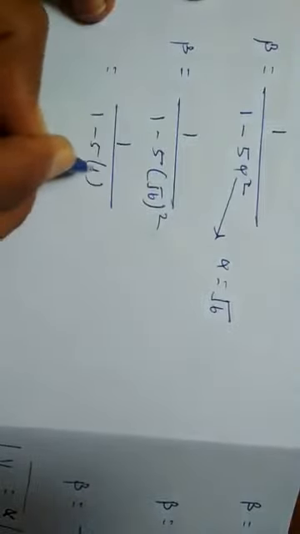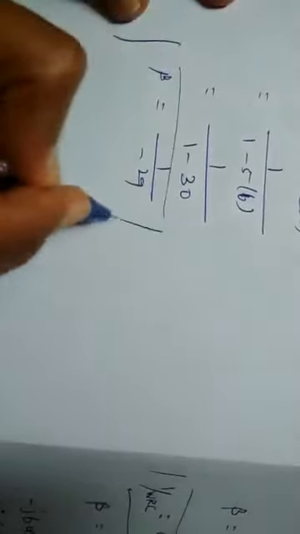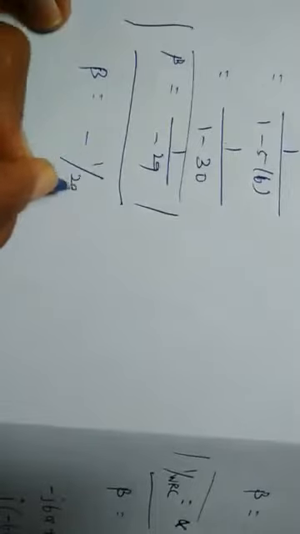So 1 divided by 1 minus 5 into 6. This will be 1 divided by 1 minus 30. This will be 1 divided by minus 29. This is beta. So we have derived beta for this RC phase shift oscillator, which equals minus 1 by 29.